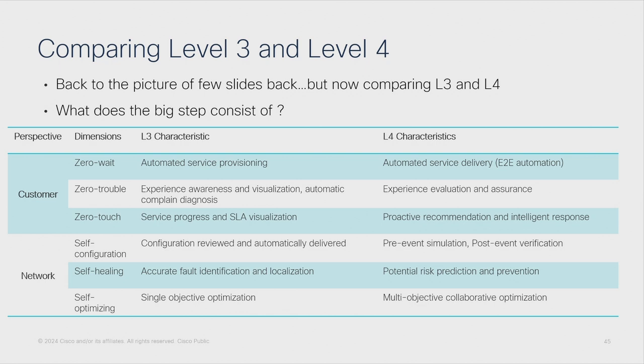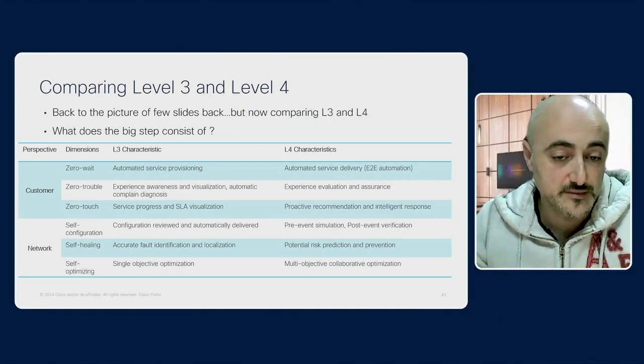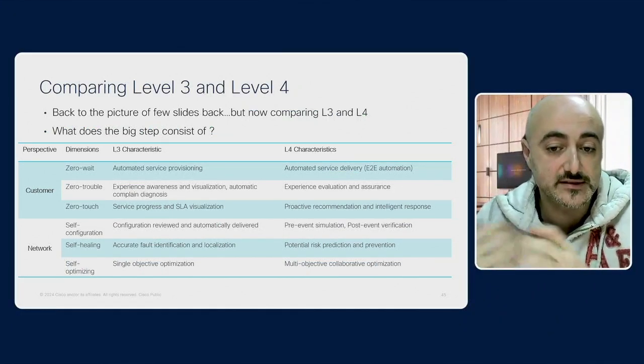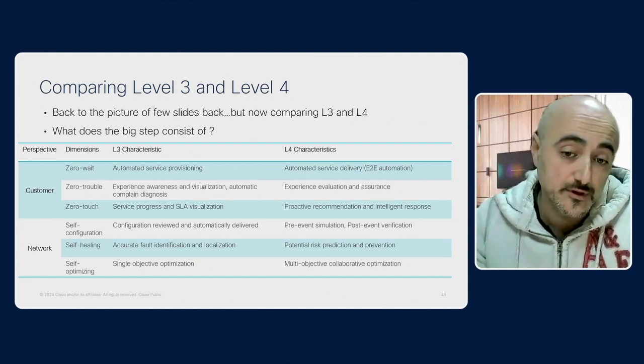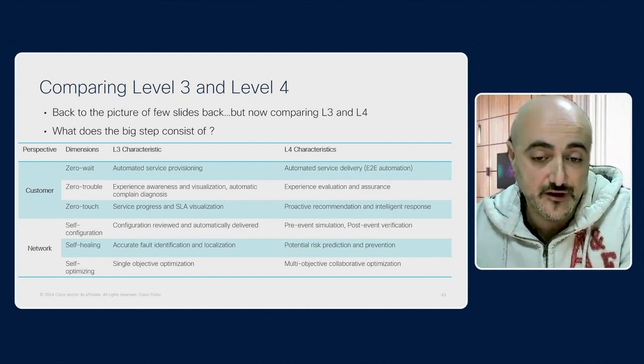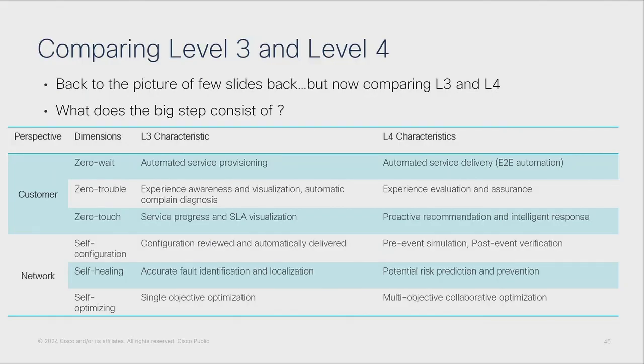On the other side, from the network perspective, we are moving towards something more proactive. So we have pre-event simulation, the possibility to do what-if analysis, and to understand if and when a given situation will occur. Prediction and prevention is something that regards self-healing.